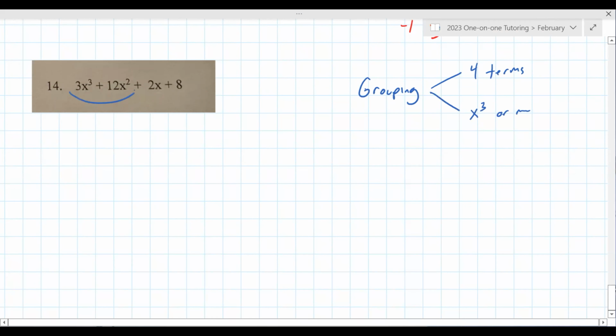So if you recall, you look at the first 2 terms and you find the GCF of the first 2 terms. 3x squared. Yes, 3x squared. And then you figure out, well, what goes in parentheses. I'll let you give me that answer.